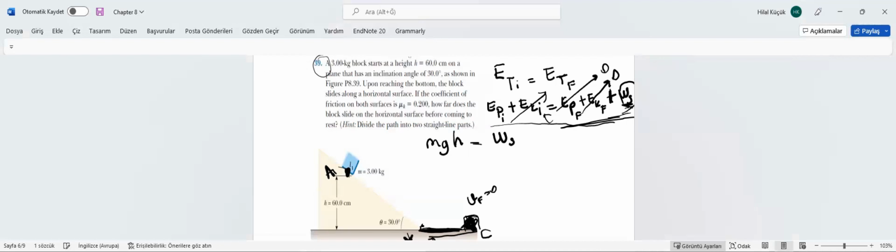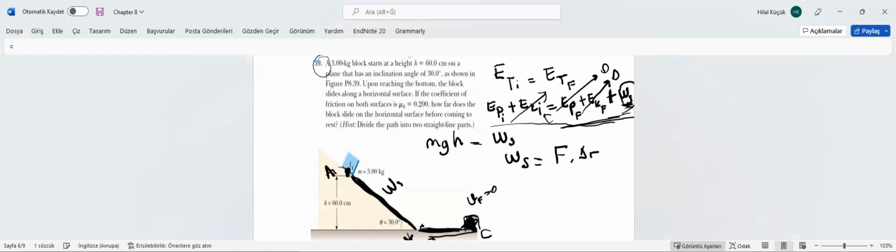How can I write WS? Be careful for this one. Firstly I need to write WS, F, and delta r, the displacement. Firstly, there is some energy lost on the inclined platform.